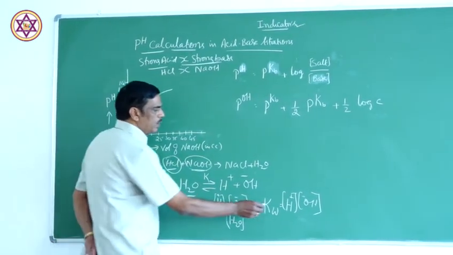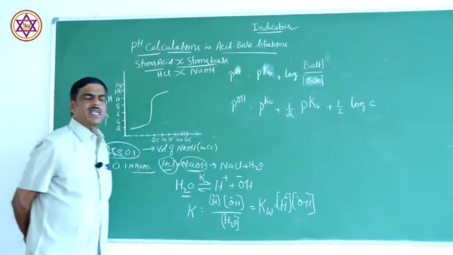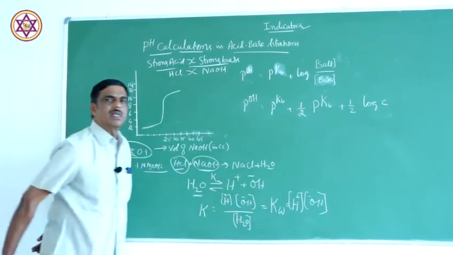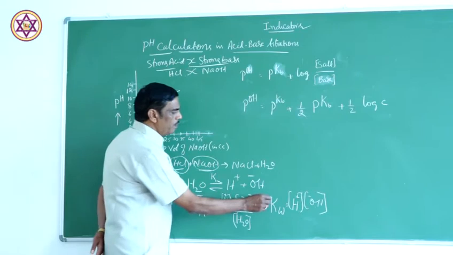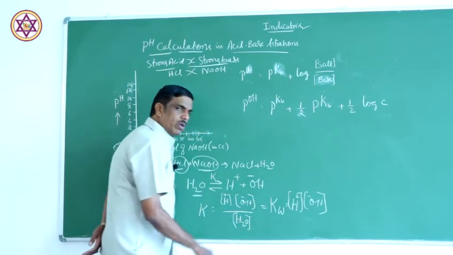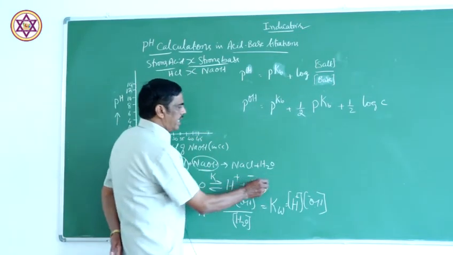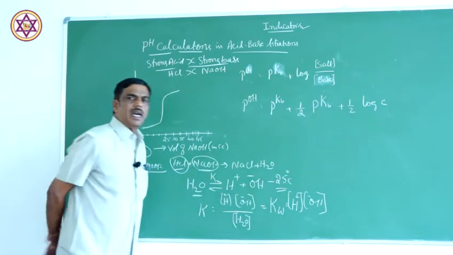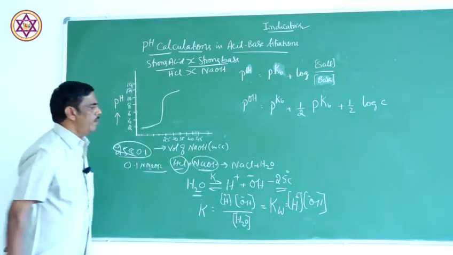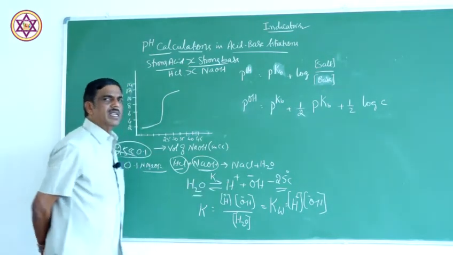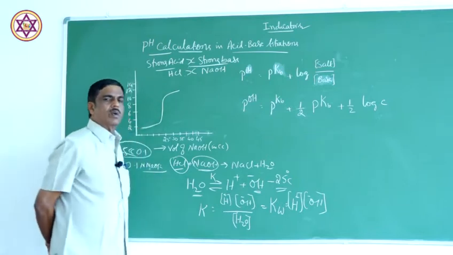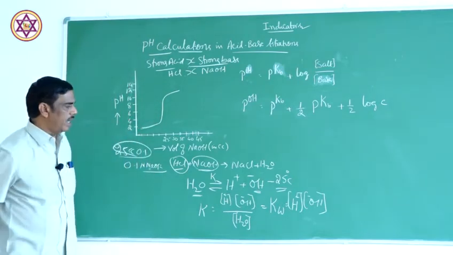So, by knowing the H plus ion concentration or the OH minus ion concentration, we can easily find the pH of a solution. At 25 degree centigrade, this ionization gives a concentration of H plus of 10 to the power of minus 7 and a concentration of OH minus of 10 to the power of minus 7.